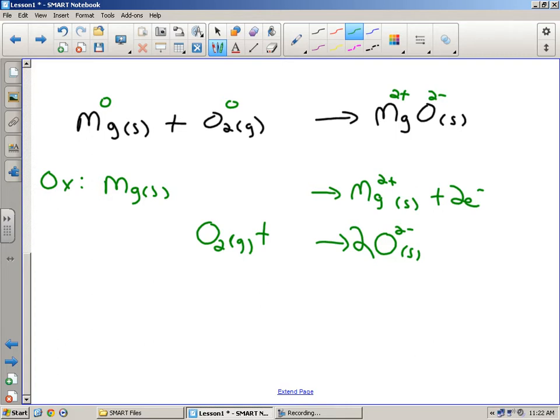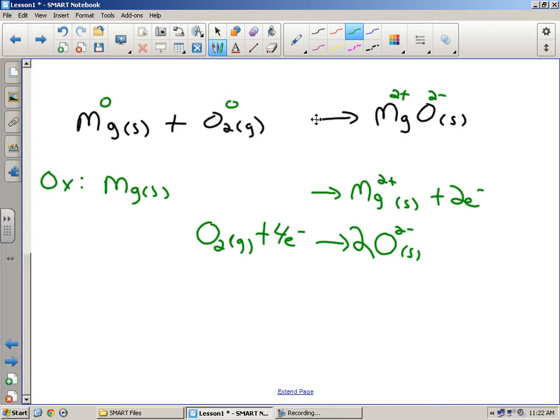I have 2 oxygens, so that's a total of 4 electrons. If you're a little bit confused about that, think about it this way. How am I going to balance these 2 sides out? 0 and 4 minus equals 2 minuses, 4 minus, right? Left side has to equal the right side.